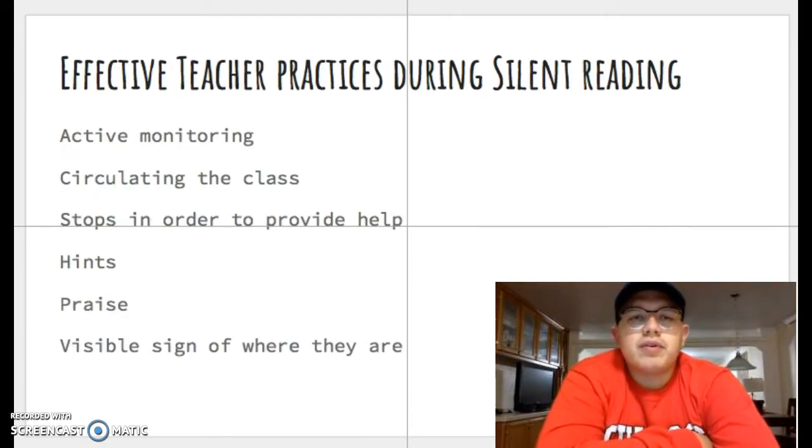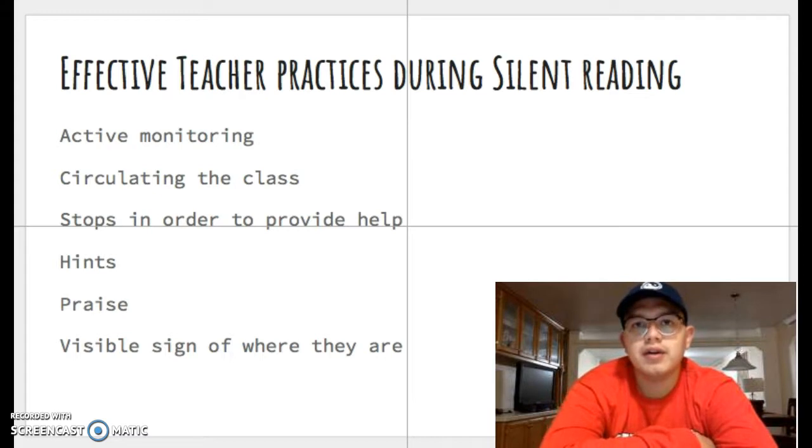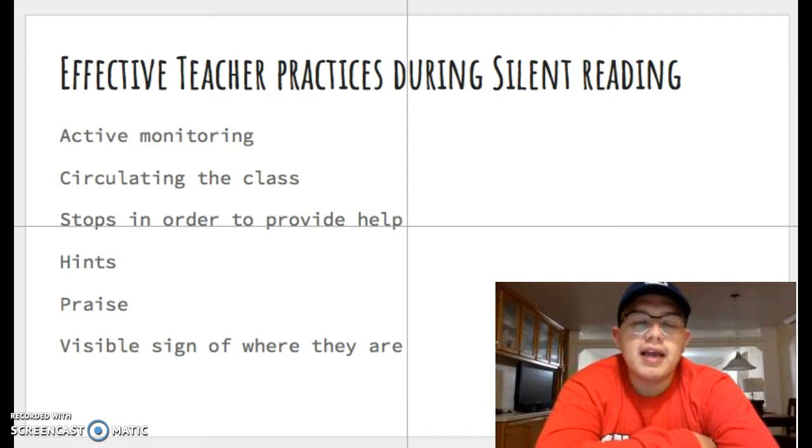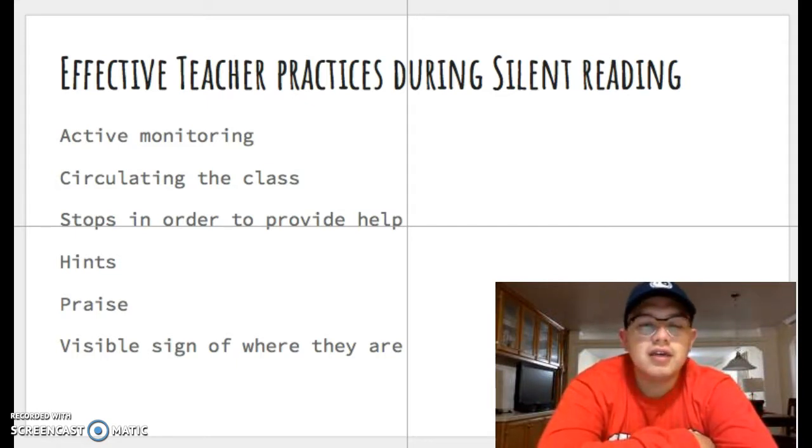And so the chapter talks about what a teacher should be doing when there's silent reading going on, when the class is reading independently in the class. It says the teacher should be actively monitoring, circulating the class.